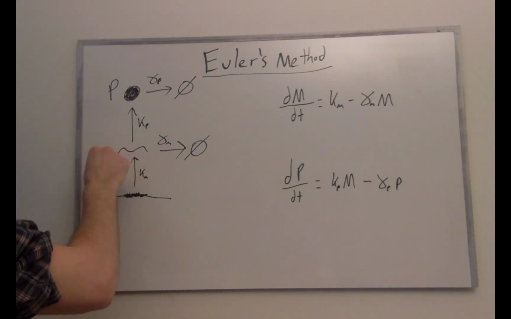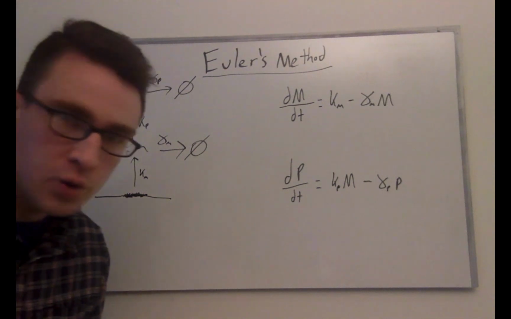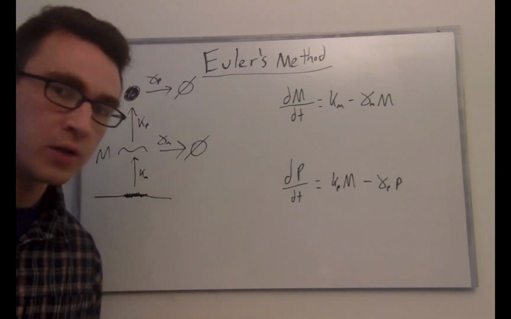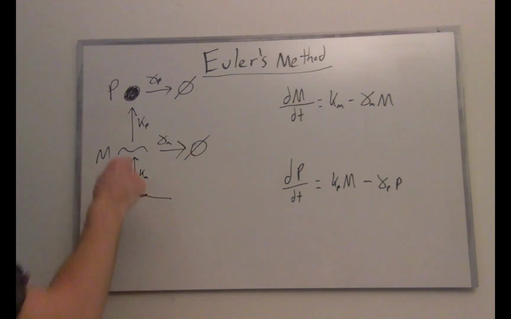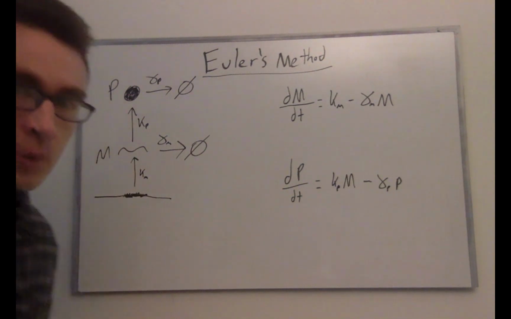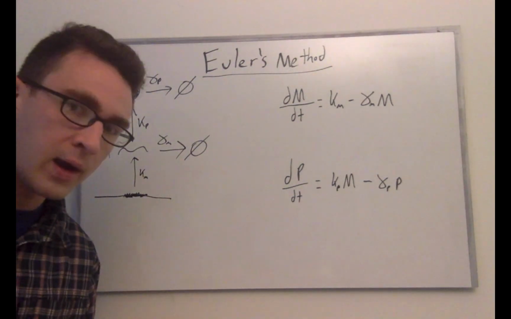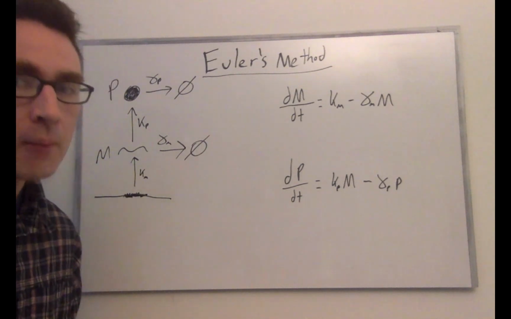Then the strands of RNA are translated into proteins, and the proteins do the work and the various functions of the cell. Both the mRNA and proteins break down with some rate, so they float around in the cytoplasm, and they also degrade and break down over time.